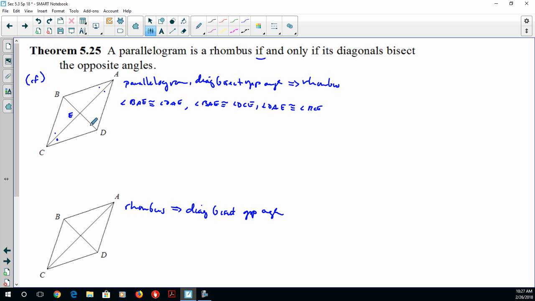So angle ABE is congruent to angle CBE, and ABE is congruent to CDE, and so because two parallel lines cut by transversal, and I also know that angle ADE is congruent to angle CDE.